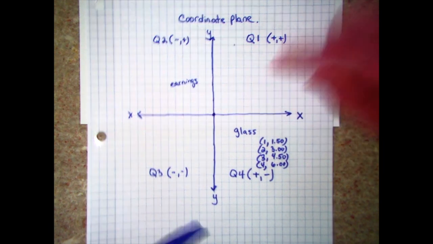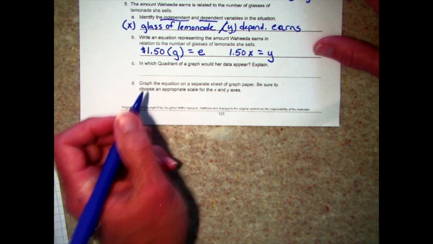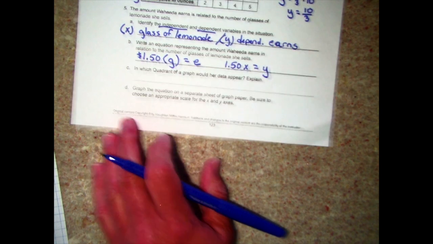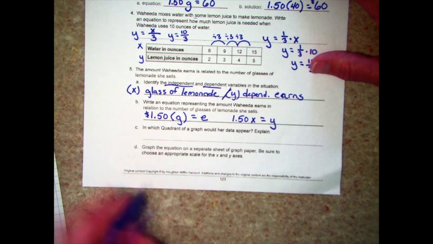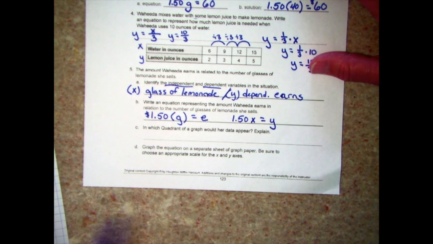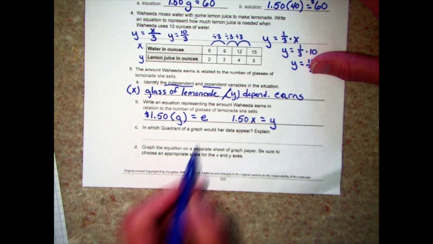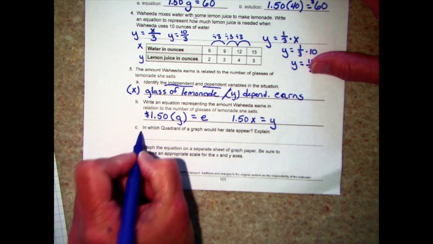So let's go ahead and write that. It says, in which quadrant of the graph would her data appear? That would be in quadrant 1.